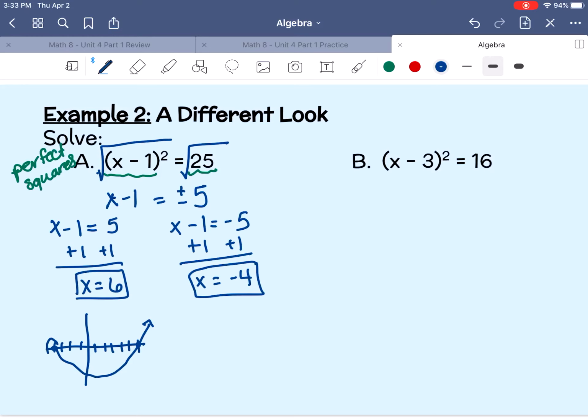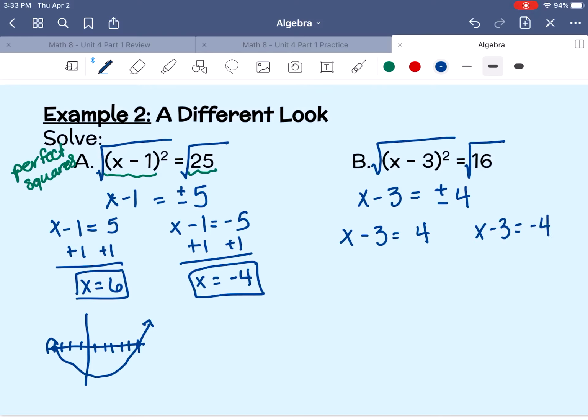So same thing. We've got perfect squares here, so we're just taking the square root of both sides. And we are left with x minus 3, and the square root of 16 is positive 4 and negative 4. So we have two solutions again. So x minus 3 could equal positive 4, and x minus 3 could equal negative 4.